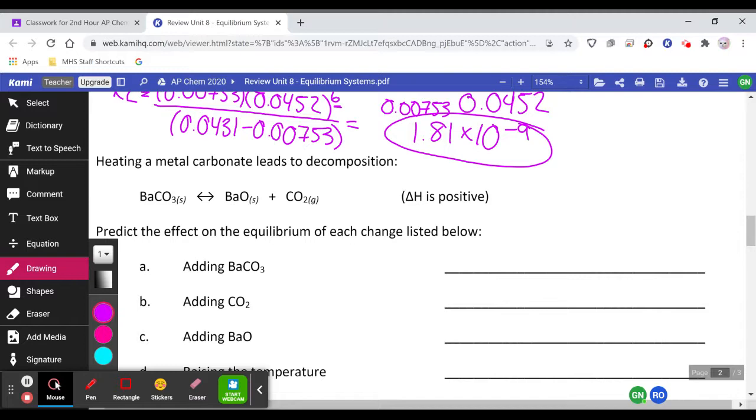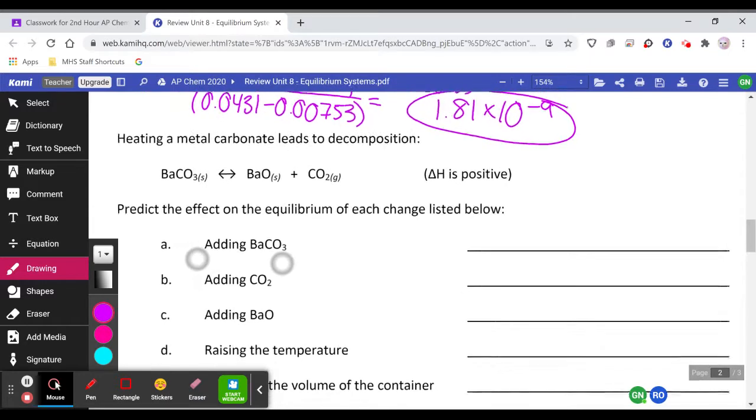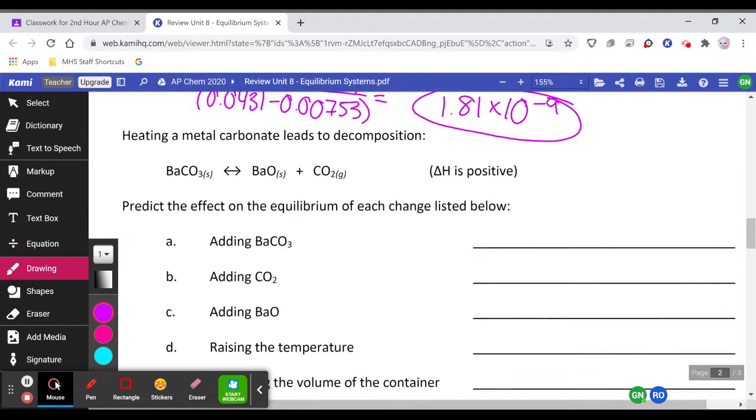Okay, we're on number 7. We're heating a metal carbonate. It leads to decomposition. Tells us our delta H is positive. So what does that tell us about the type of reaction this is? It's endothermic. Yeah, and so where would heat show up, or where would that energy show up in my reaction?